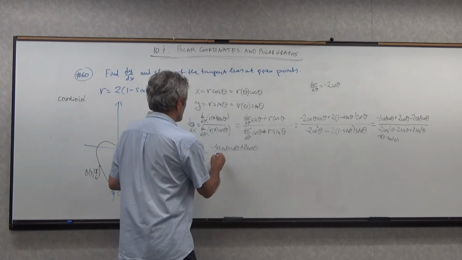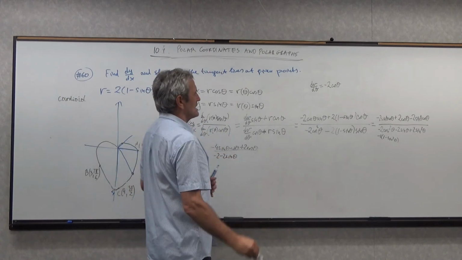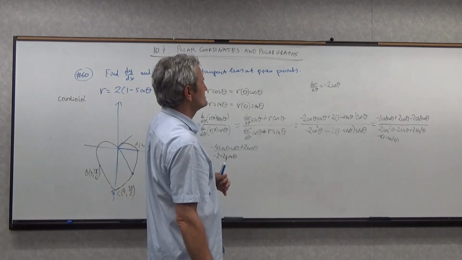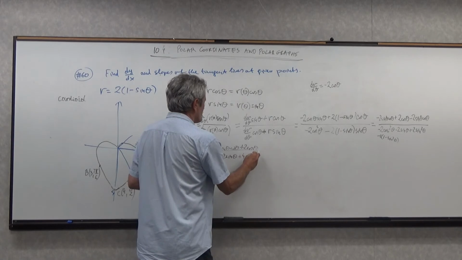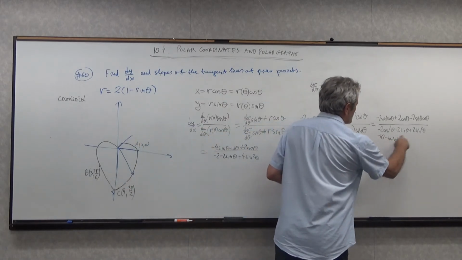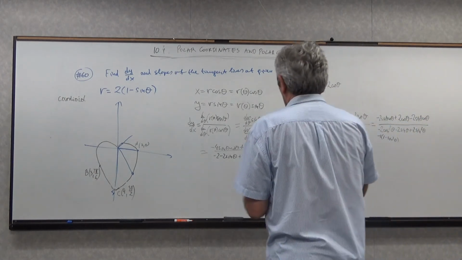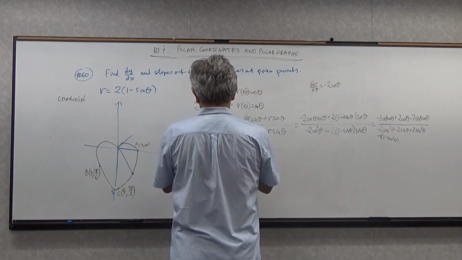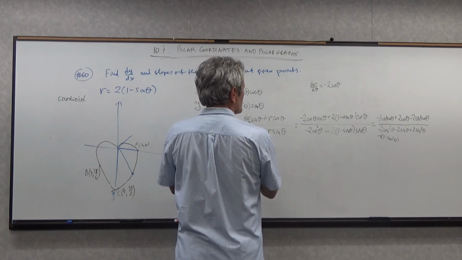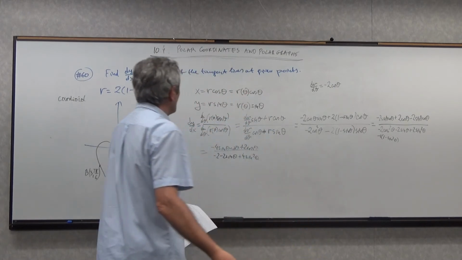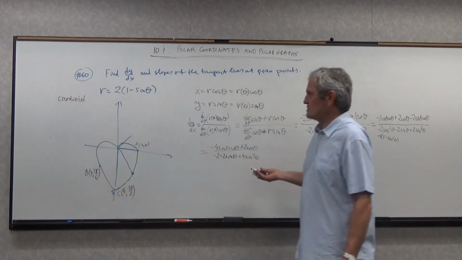So I'll get minus 2 minus 2 sine theta and plus 4 sine squared theta, because those plus 2 and plus 2 give me 4. Let me check my calculation. So I factor minus 2 cosine theta, that's fine. Minus, I left it the way it was. That doesn't matter.